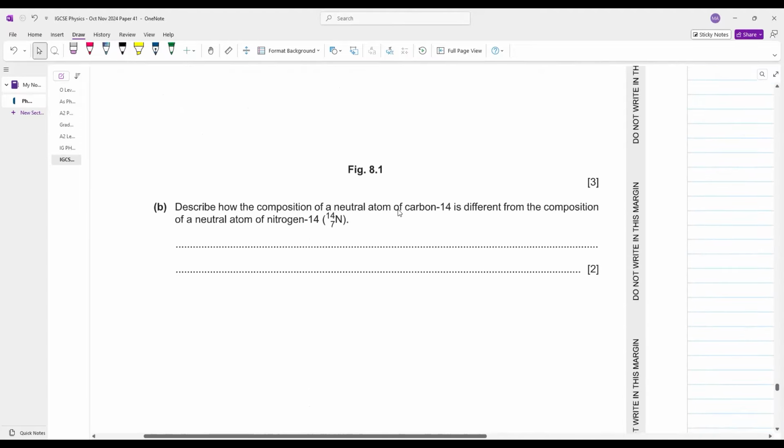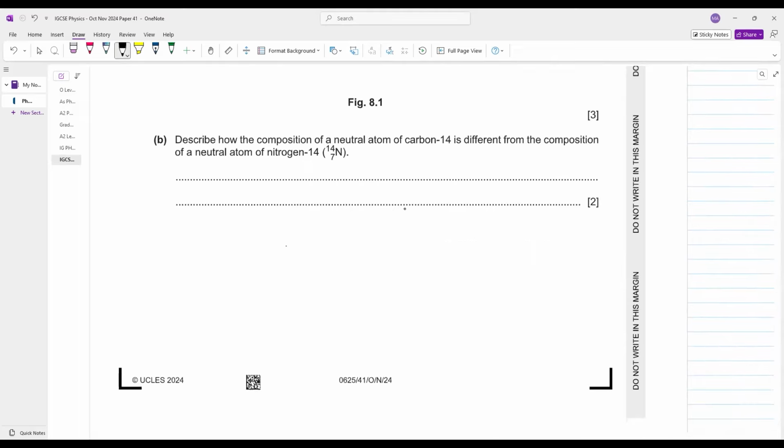Yeah. Describe how the composition of a neutral atom of carbon 14 is different from the composition of a neutral atom of nitrogen 14. Nitrogen 14 looks something like this. Carbon 14 looks something like this. Can you realize nitrogen has one more proton? You can write it. Nitrogen has one more proton.